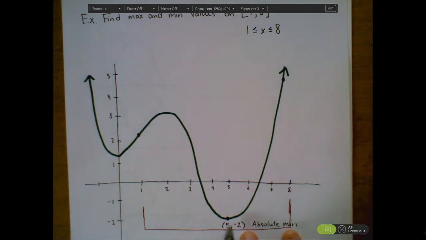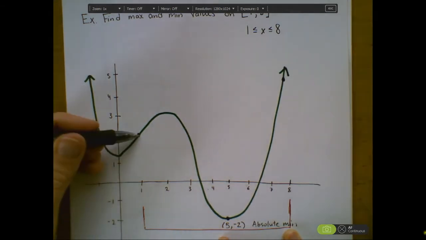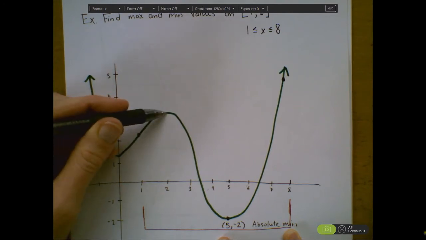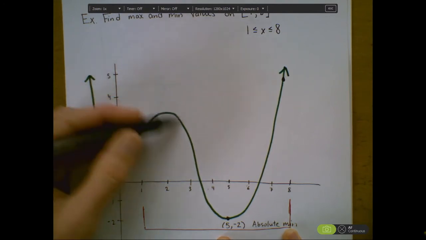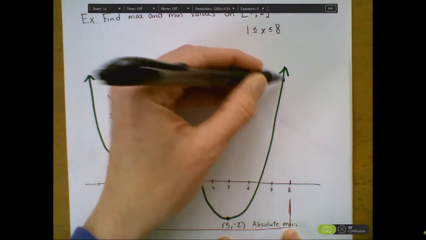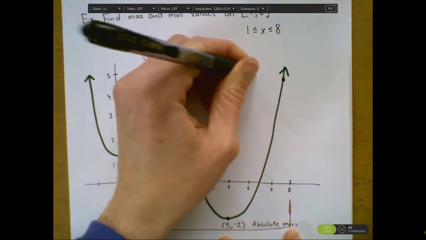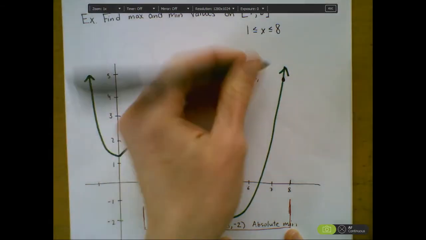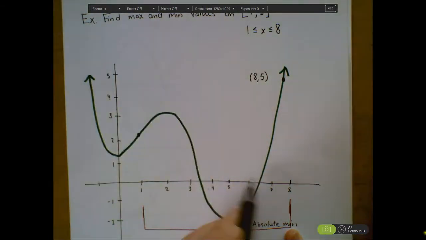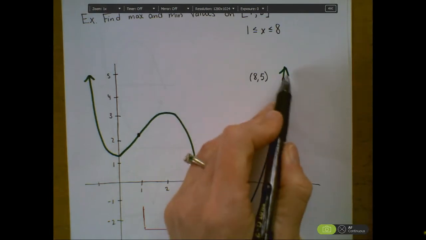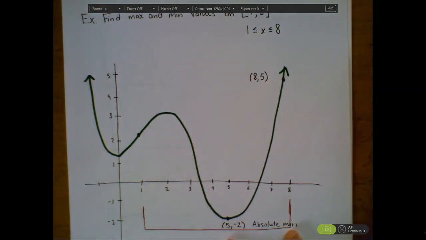But now we see that we have these endpoints that we can evaluate. We see we still have this local max, but that's not the highest point on this interval. On this interval, the highest point is up here at the point (8, 5). So for an x value of 8, our function has a y value of 5.